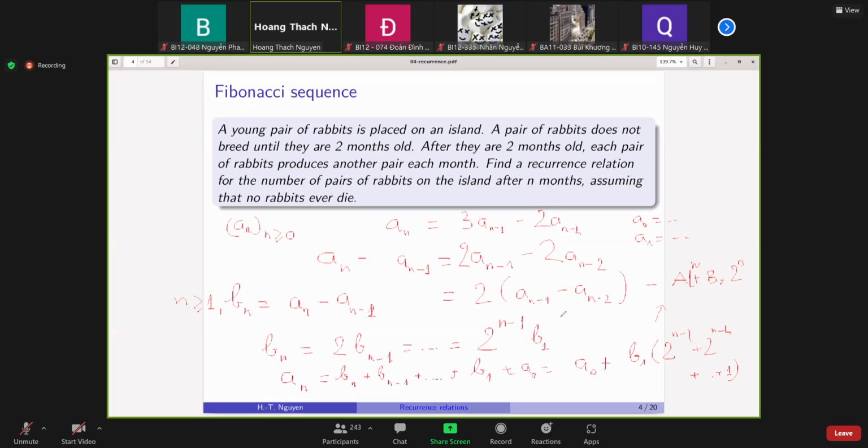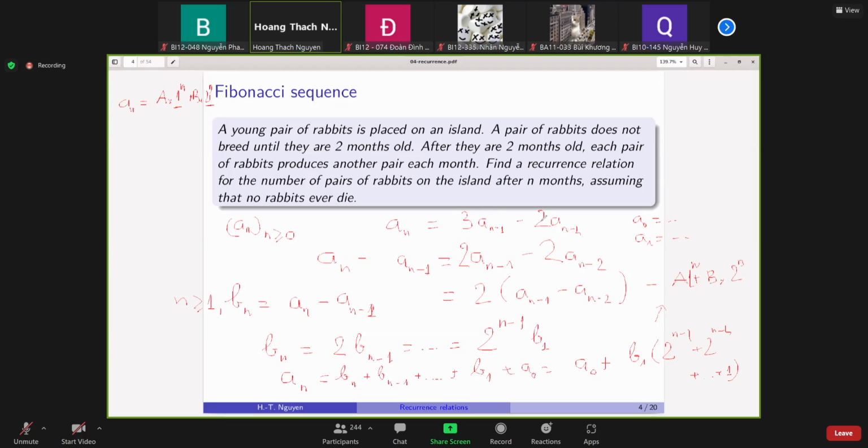Here it is not easy to see, but in fact there is a 1 to the power n here. So in this example, we have a generic term a times 1 to the n plus b times 2 to the n. And what is the particularity of the numbers 1 and 2 here?